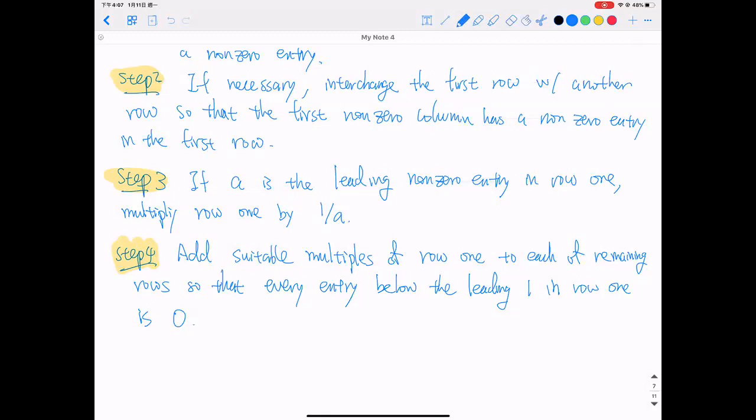You can take one row, multiply it by a number, and add the resulting thing to another row.